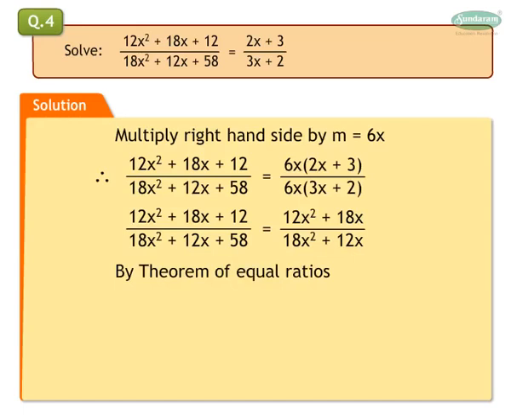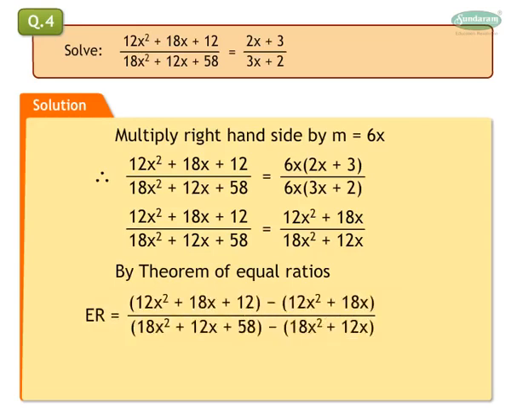Now we apply the theorem of equal ratio to get each ratio is equal to ((12x² + 18x + 12) − (12x² + 18x))/((18x² + 12x + 58) − (18x² + 12x)).